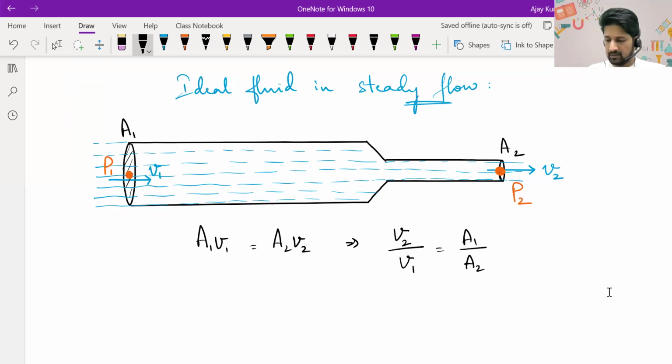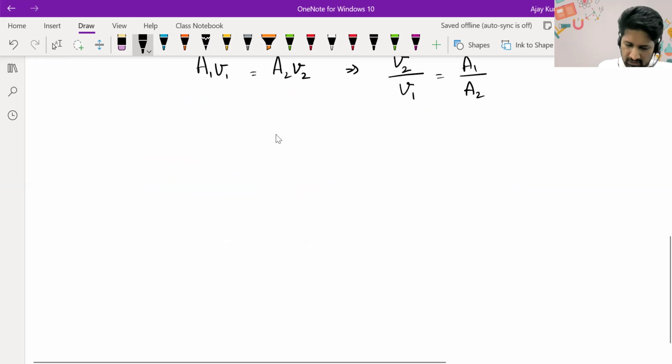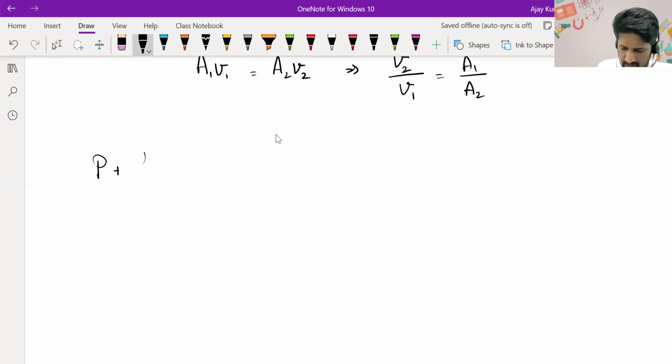Now we need to compare the pressures. And we have one equation, Bernoulli's equation, which helps us include pressure, speed, and height into one equation. So what we are going to do is write the sum P plus rho g h plus half rho v squared.